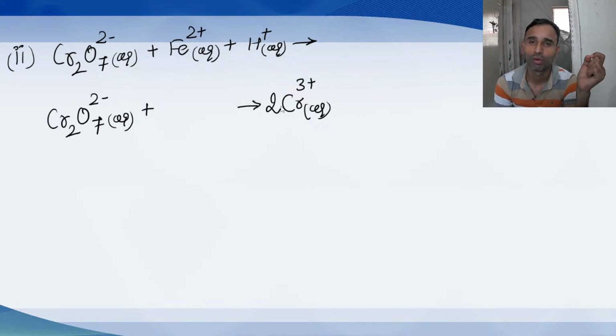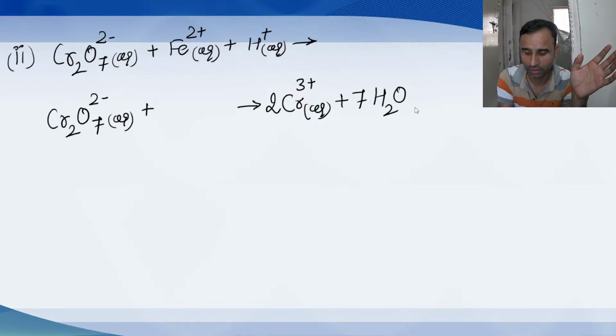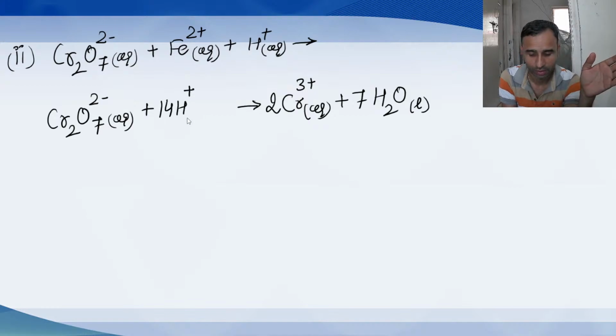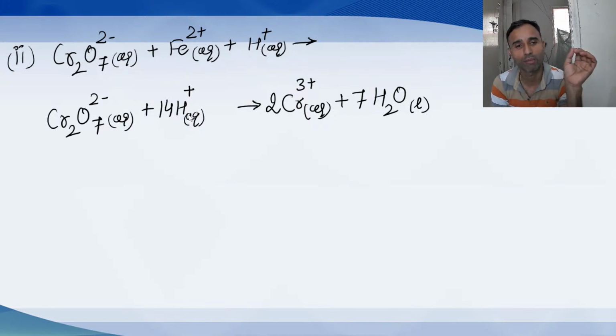Now we are left with oxygens. On the left side there are 7 oxygens. On the right side there is no oxygen. So we should add 7 water molecules on the right side and double the number of H+ ions to the opposite side.